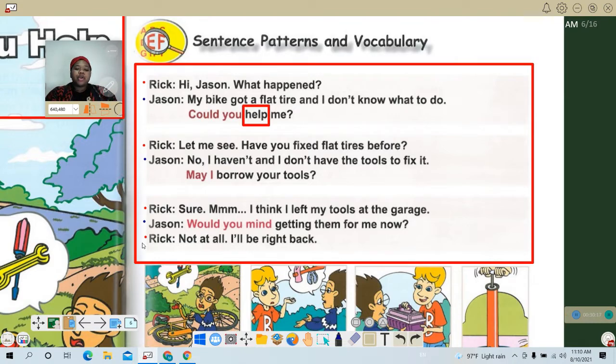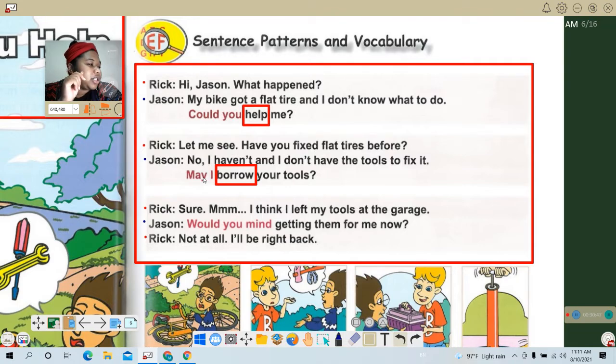Next, another question that you can ask is, may I? Here it's also the same. You don't need ing, you don't need past tense, only a simple verb, okay? So here you can say, may I borrow your tools? May I go in? Just like when we had E7 class before, remember?